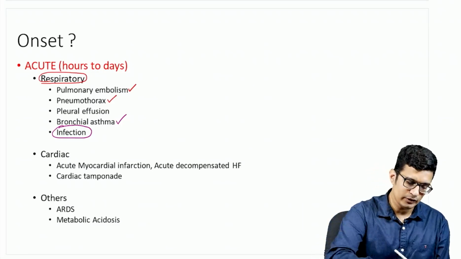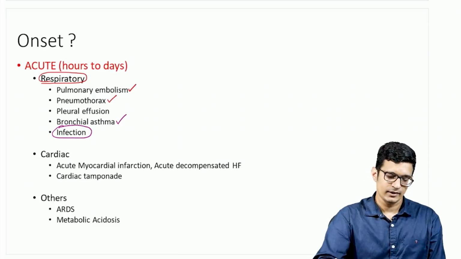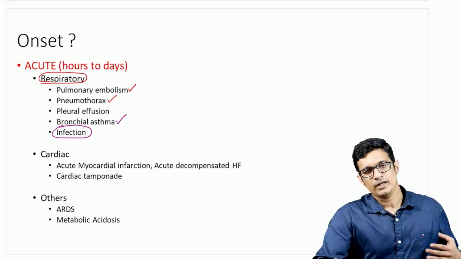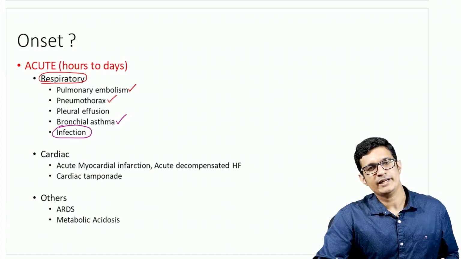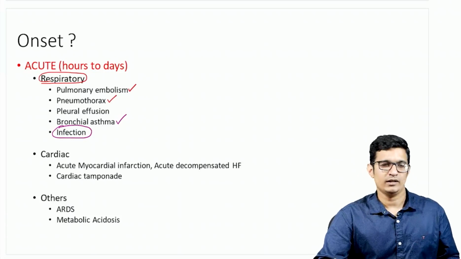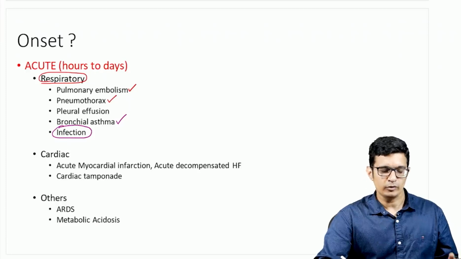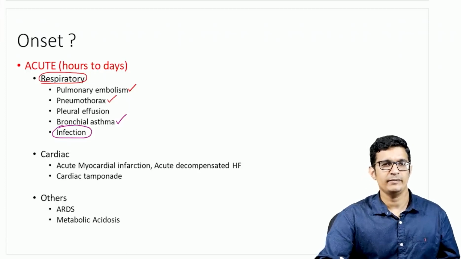What do you mean by acute respiratory distress syndrome? You would have learned in pathology. It is basically a non-cardiogenic pulmonary edema wherein there is so much inflammation happening in the interstitium of the lung as a result of some infections or some other agents, etc. It could be a pulmonary manifestation of septicemia also.